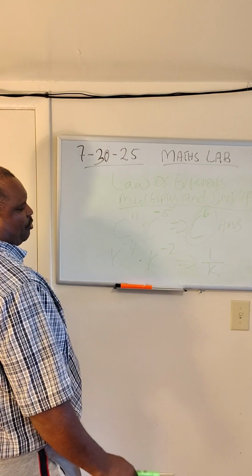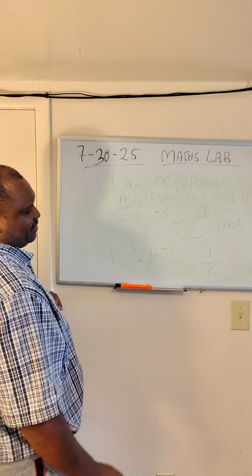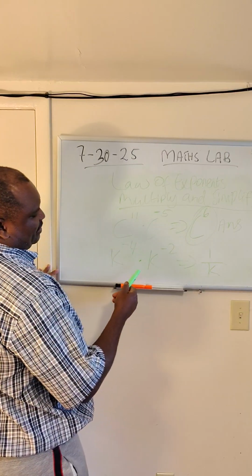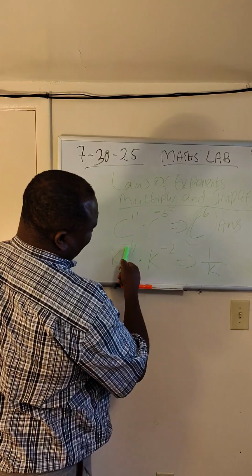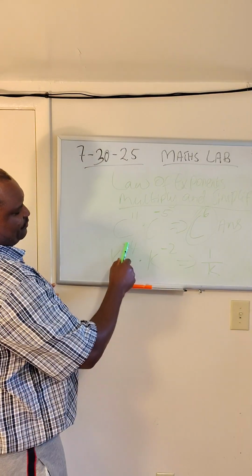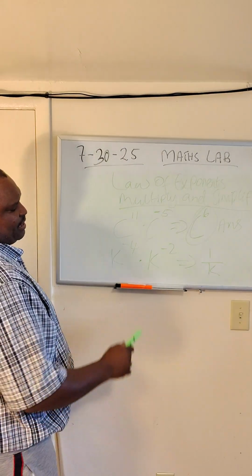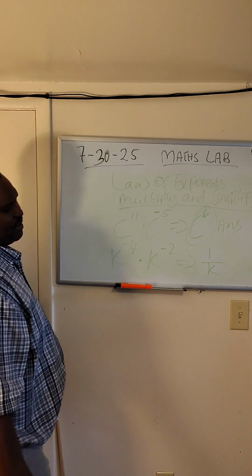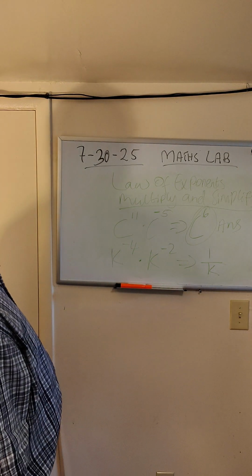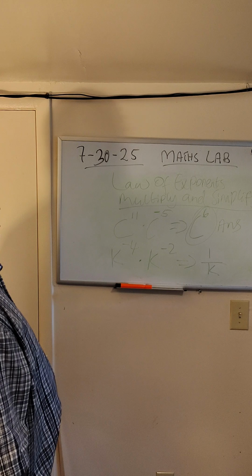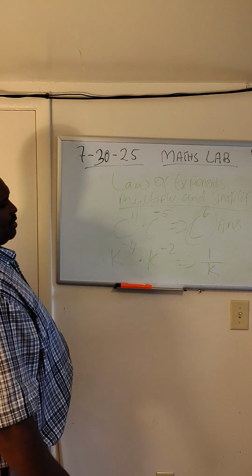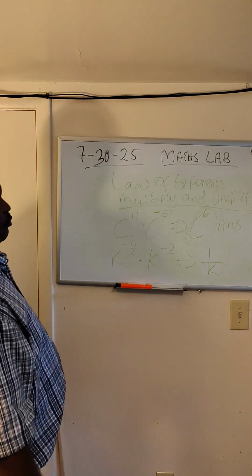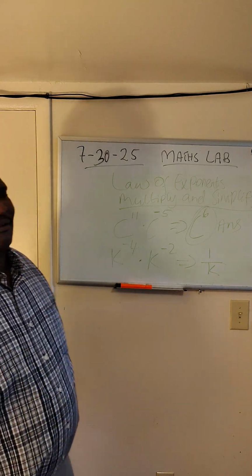But then we have these numbers right here. So remember, a negative times a negative is a positive. This is negative 4 plus negative 2. But we are multiplying and simplifying, so this is not addition.